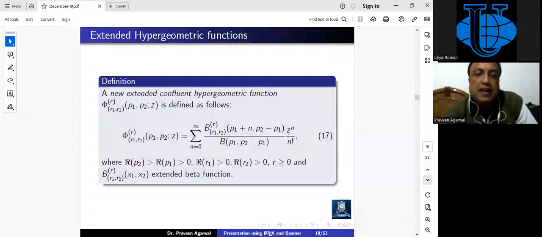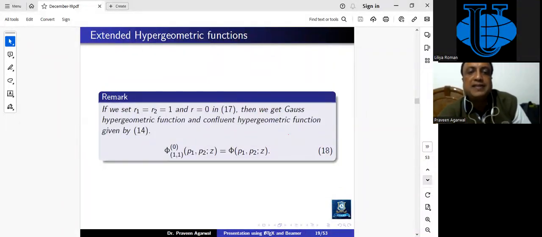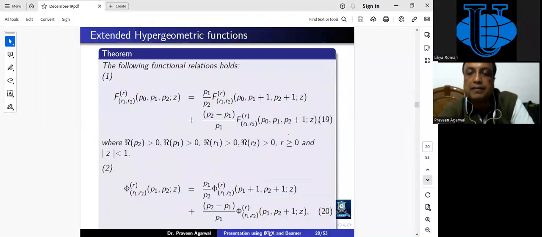In the same way, a new extended confluent hypergeometric function phi of R, R1, R2 is defined by equation number 17, and the convergence conditions are given below, so we can easily find the generalized extended confluent hypergeometric function. If we set R1, R2 equal to 1 and R equal to 0, then we get the Gauss hypergeometric function and confluent hypergeometric function given by 14.